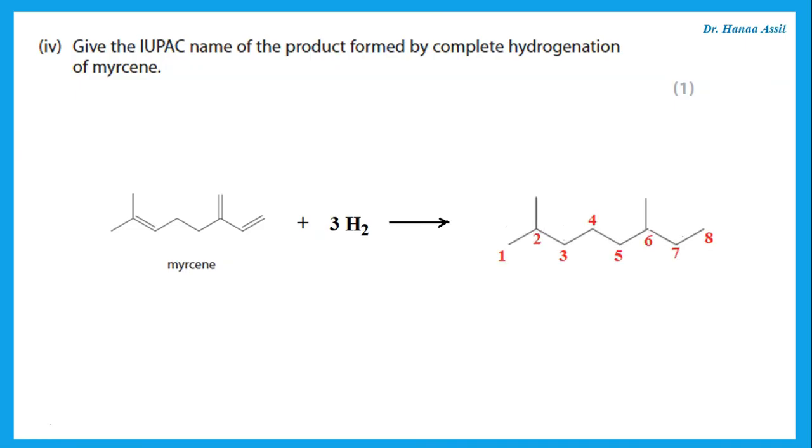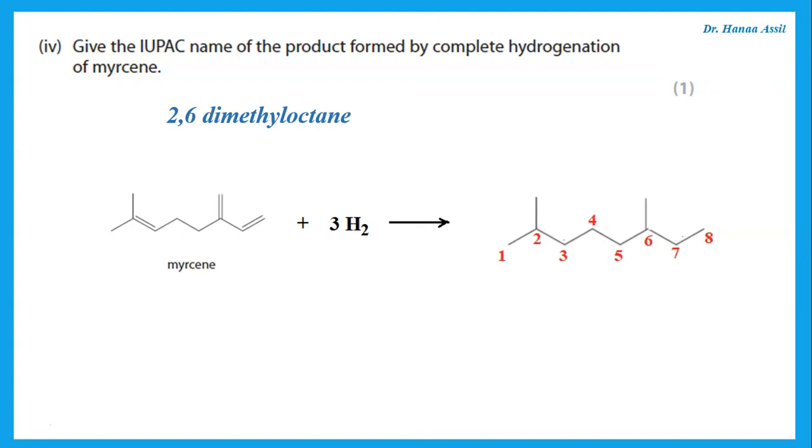So we have a chain that has 8 carbons. You should remember that 8 is oct, so this is an octane, and we start numbering from the side that gives the lower number for the substituents. So this is 2,6-dimethyl, to indicate that I have 2 of them, on octane.